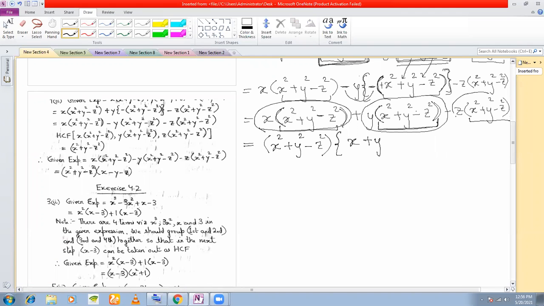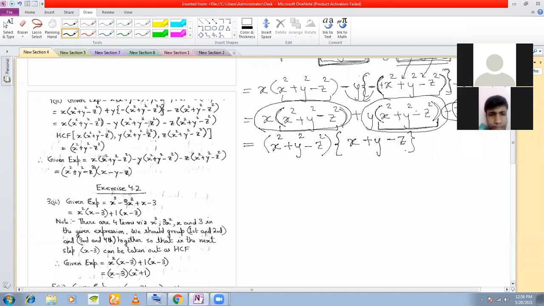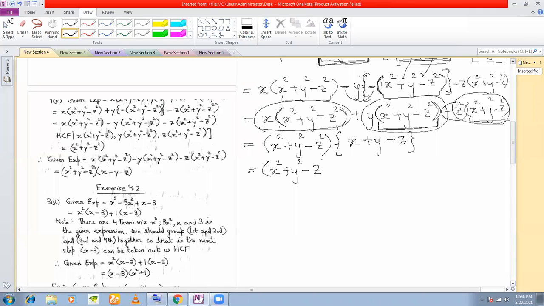And again, I'm taking out this, so I'm left with only a minus z. That's it. So I get (x square plus y square minus z square) into (x plus y minus z), and that is your answer. It is x plus y minus z, not plus z. So a minus sign here with z.